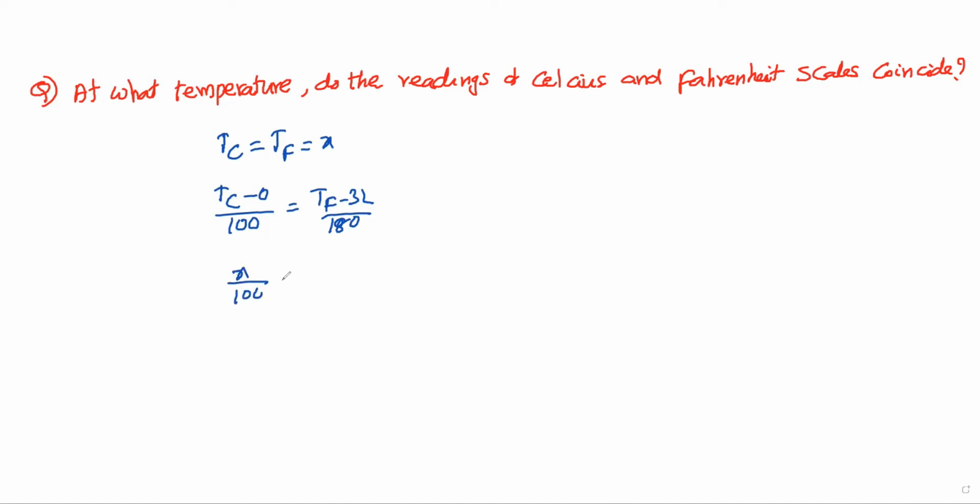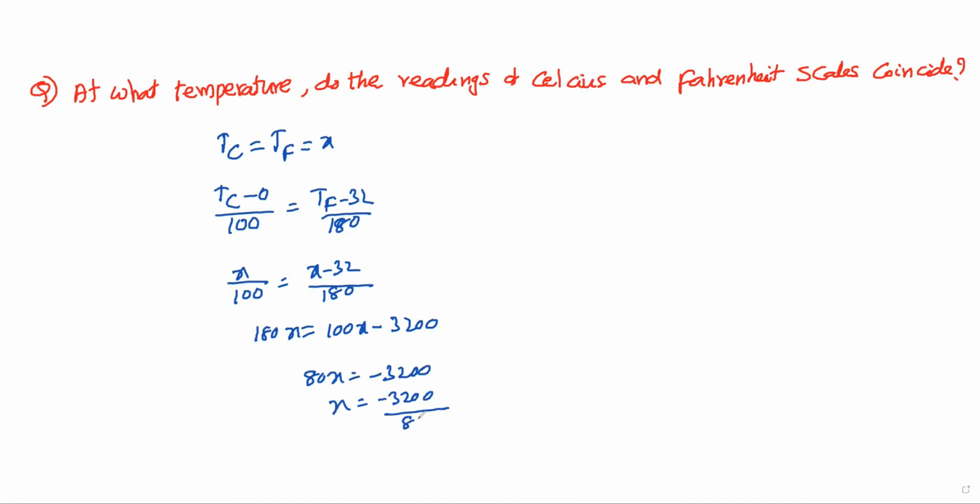So X by 100 is equal to X minus 32 by 180. 180X is equal to 100X minus 3200. So 180X minus 100X is equal to 80X is equal to minus 3200. X is equal to minus 3200 by 80, minus 40 degrees. Hence, minus 40 degrees centigrade and minus 40 degrees Fahrenheit are identical temperatures.